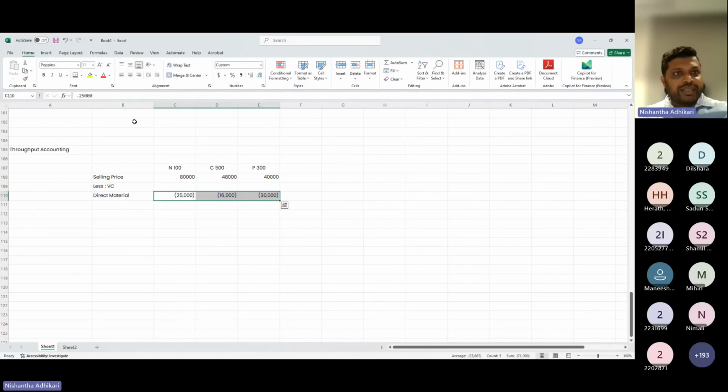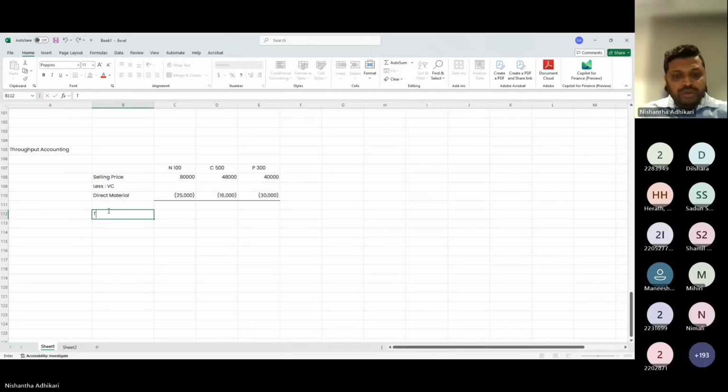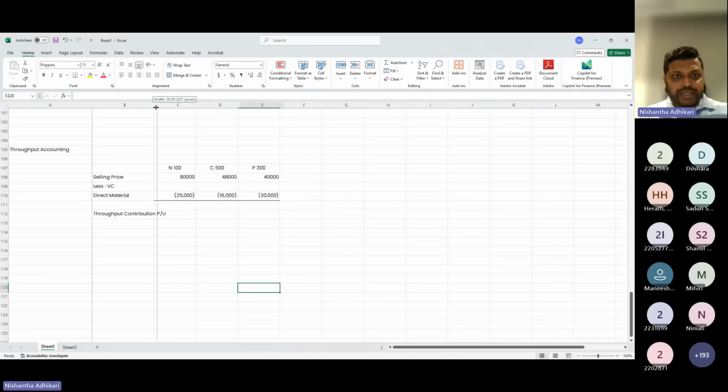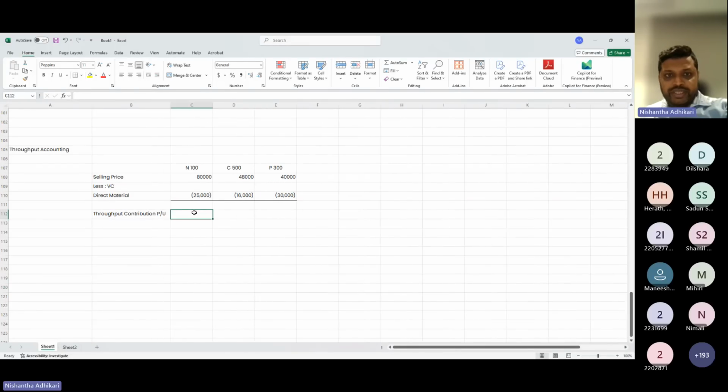Then you can easily calculate throughput contribution per unit. Now I will get it done here. 55,000. It's like this.